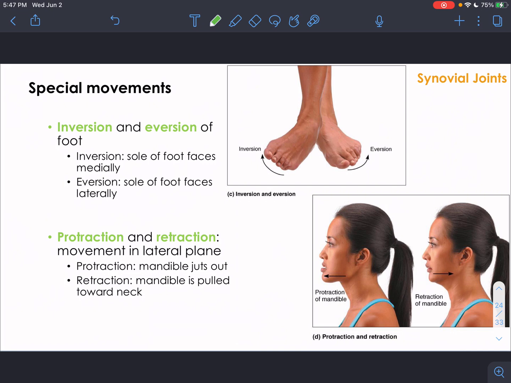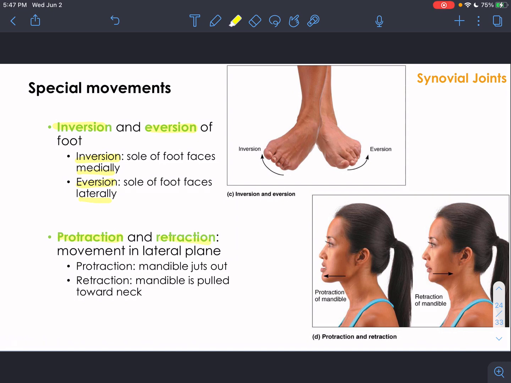A few more special movements. We have inversion and eversion of the foot. Inversion is where we have the sole of the foot facing medially. Eversion, sole of the foot is lateral. Again, it's a special movement because you can't do it at every joint, only at certain joints.